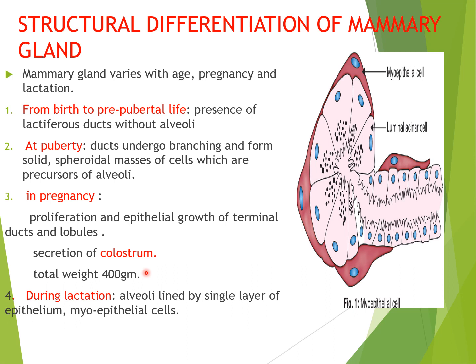All these things need to be discussed, so I will cover those in my next lecture. Okay, this is mammary gland part 1. We have discussed till the structure of the breast.